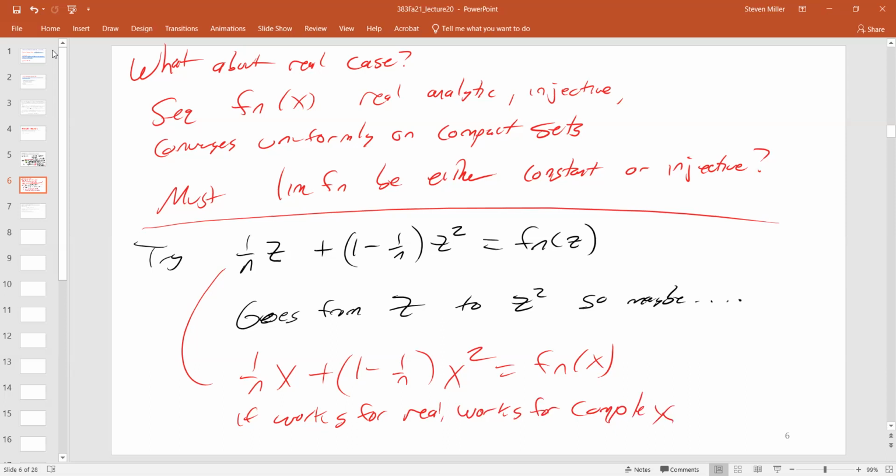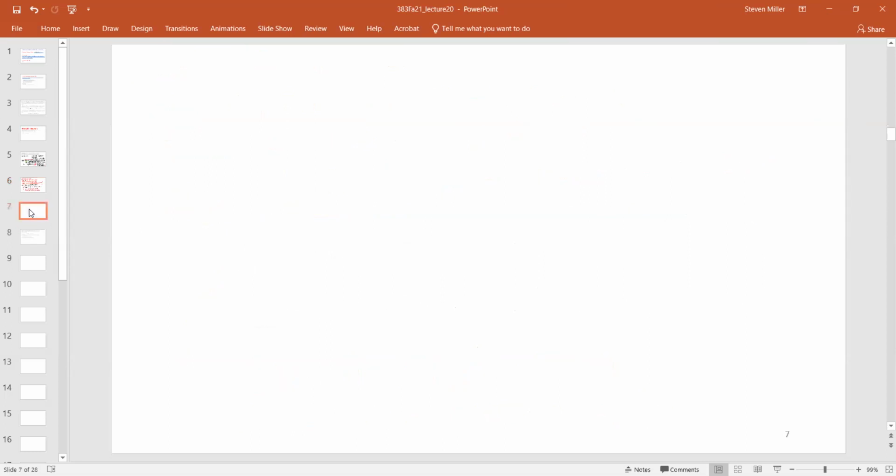I have to look at a function that's real analytic, but not complex differentiable. Any thoughts? So I need a function real analytic, but not complex differentiable. We could try 1 over x, but that's going to have the same problems for real as complex.